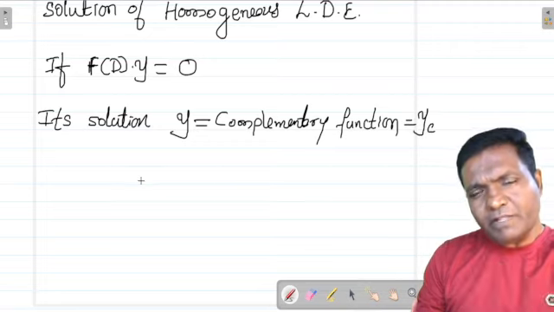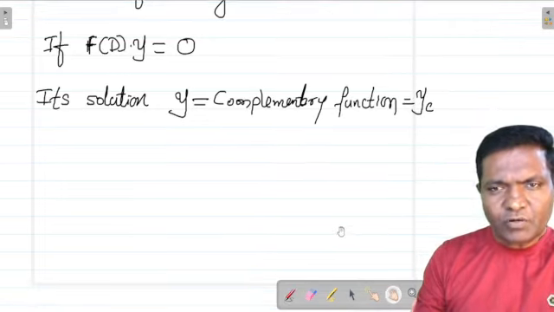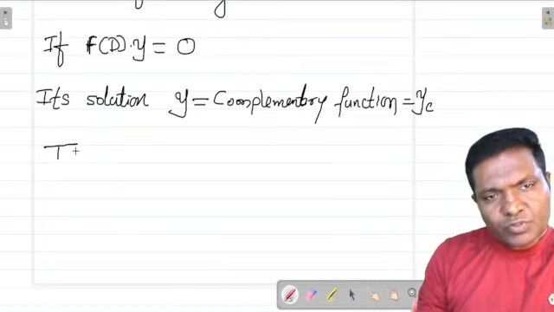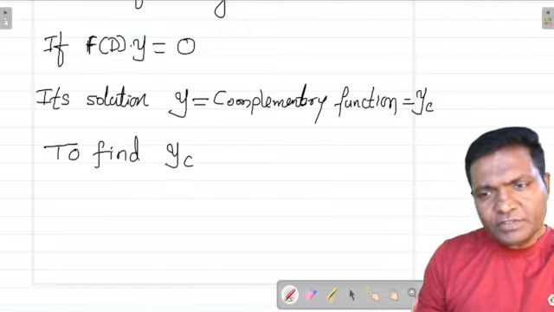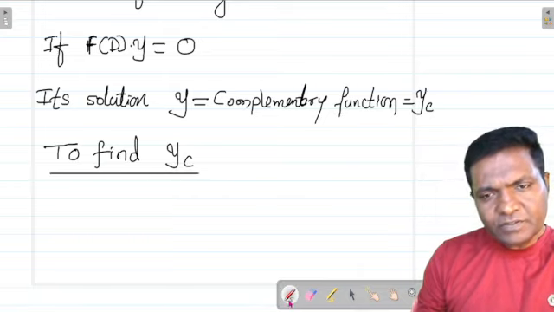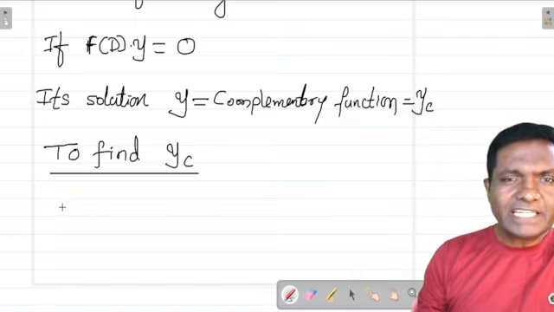So what do you mean by complementary function and how to find it? To find complementary function yc, first you need to write an equation called auxiliary equation.